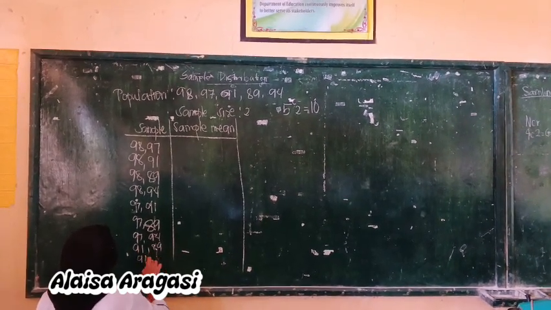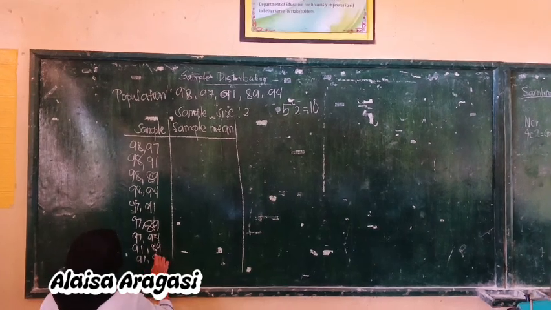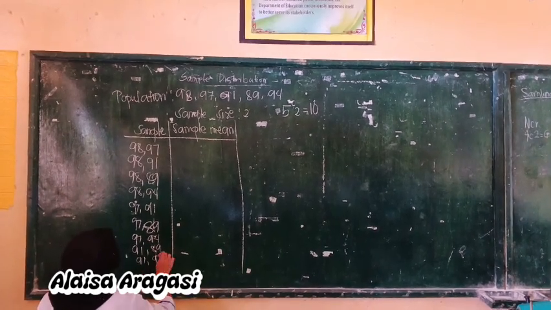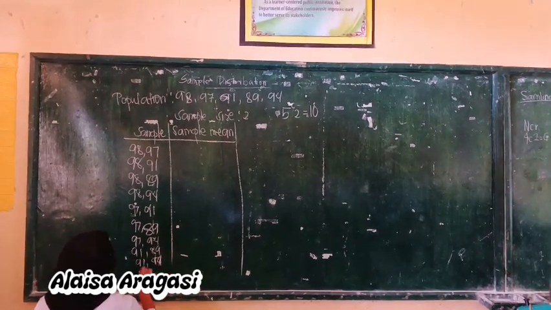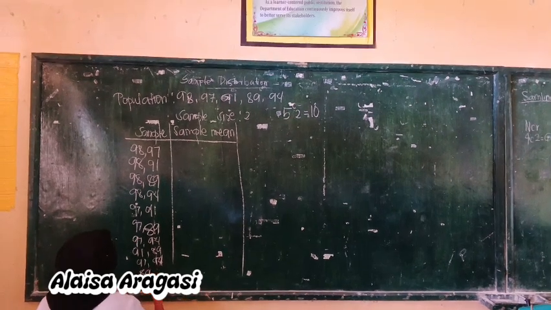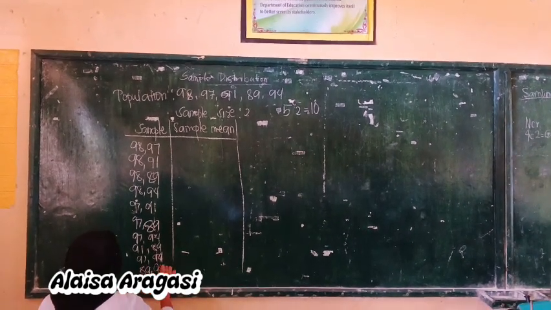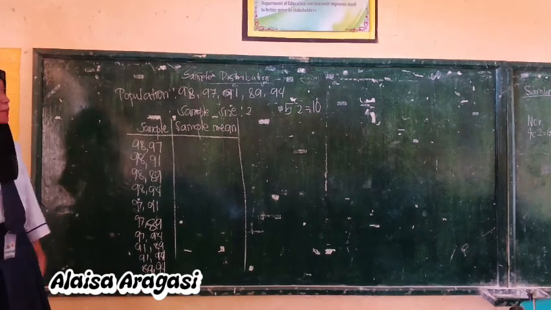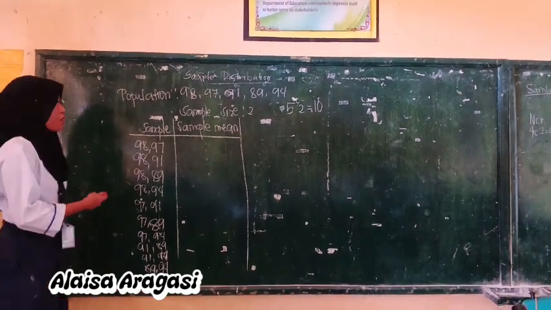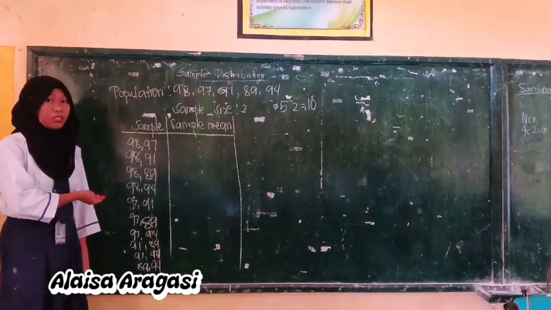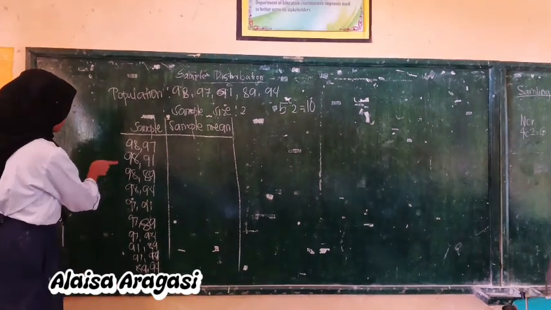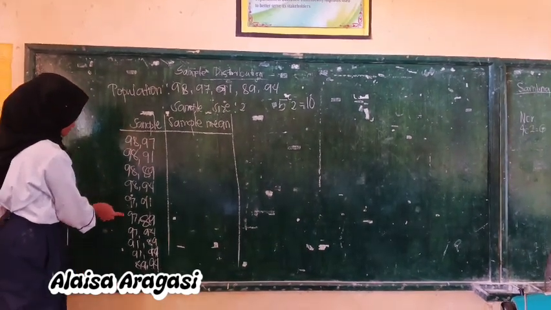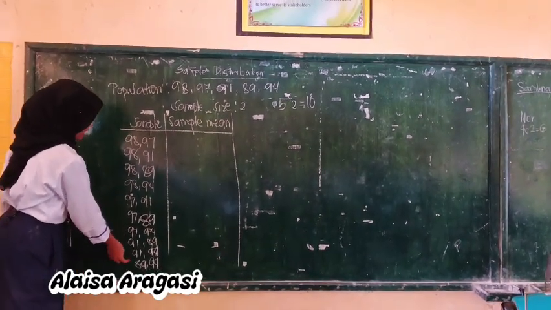Based on the formula, this will be our possible outcomes. So let's count if this is a total of 10: 1, 2, 3, 4, 5, 6, 7, 8, 9, 10.